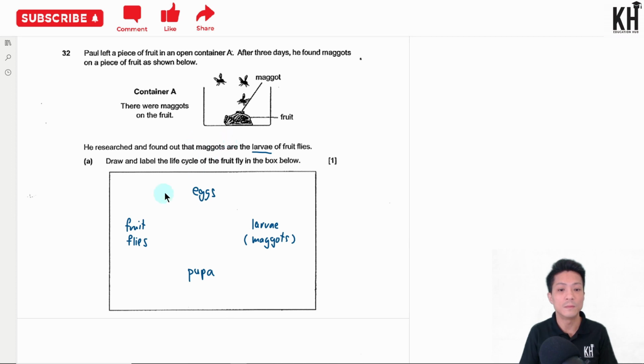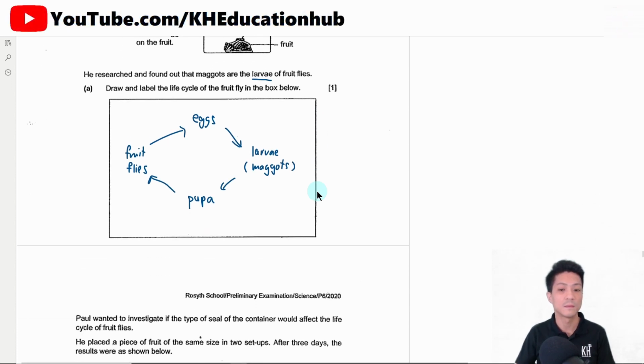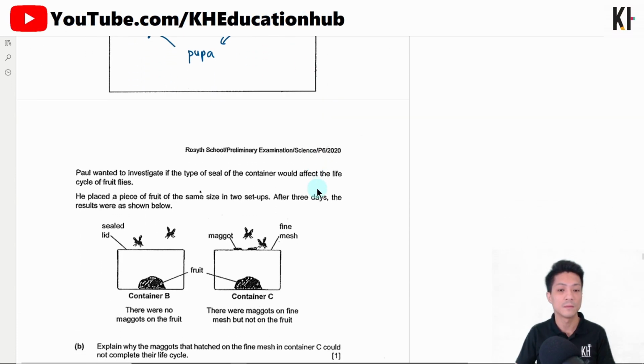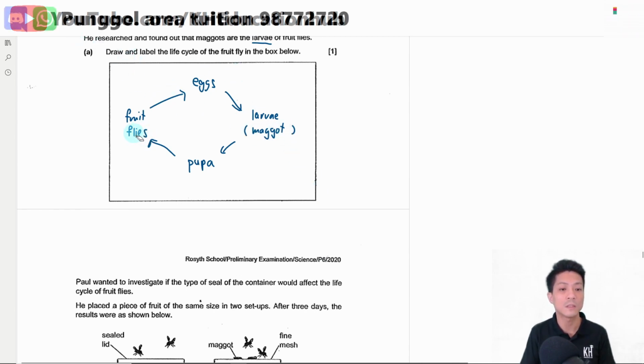Okay, so draw the arrow. This will complete the life cycle of the fruit fly. And do some adjustment, I think. Plural form.